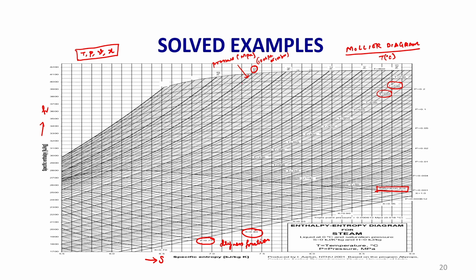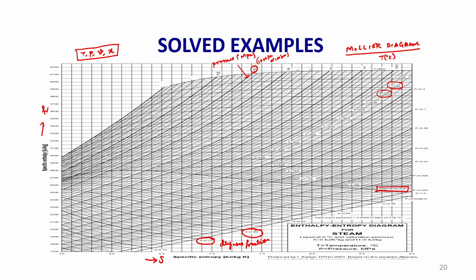Now, the temperature 500 is here. So, we have to see where it intersects. Temperature 500 degree centigrade is here.